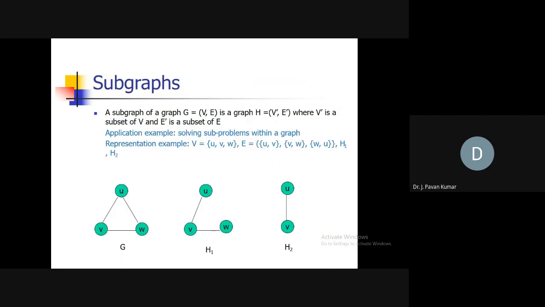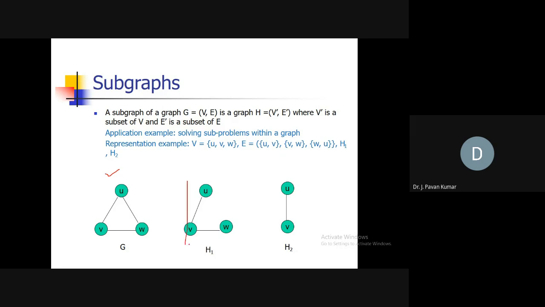Next, we have seen subgraph. What is meant by subgraph? We will be having a subset of vertices and a subset of edges from the original graph. Now consider G as U, W, V. These are the vertices we have.